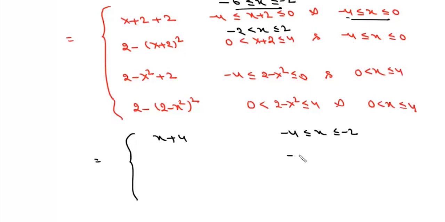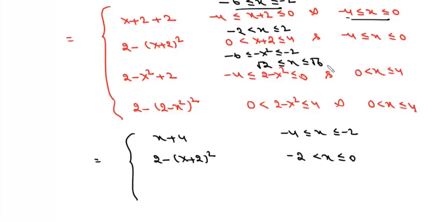So next one is from -2 to 0, and here this definition is 2 minus (x plus 2) whole square. Now in this, if we solve this, we can write this as -6 is less than or equal to -x square is less than or equal to -2, or if we multiply with minus and take square root, it will be this x will lie between √2 and √6, which lies in this interval.